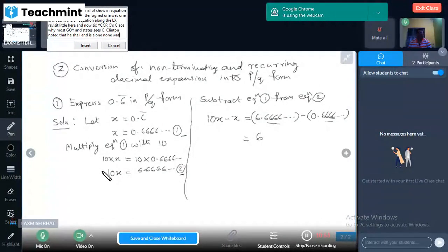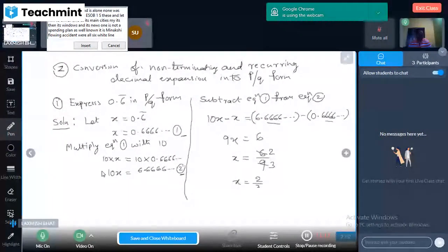So 10x minus x means it is 9x. 10x minus 1x is 9x. So x is equal to 6 by 9. 3 twos are 6 and 3 threes are 9. So x is equal to 2 by 3.